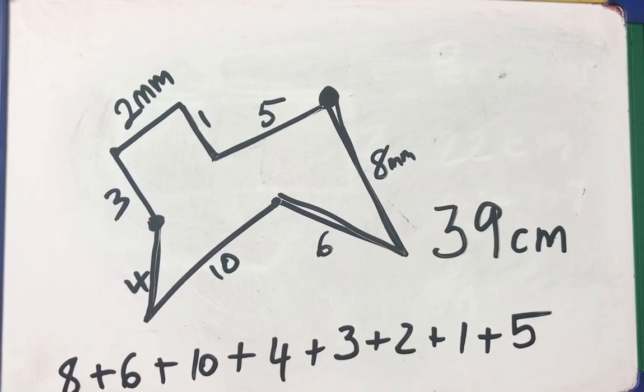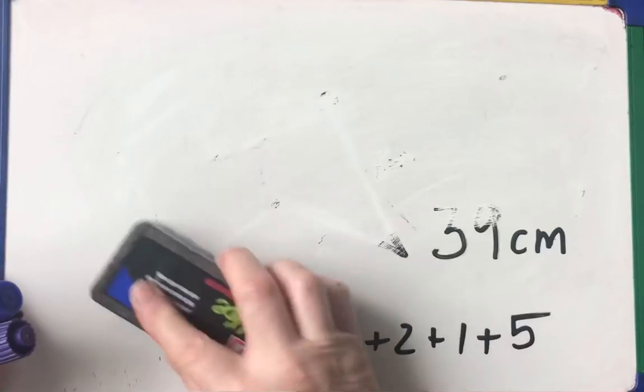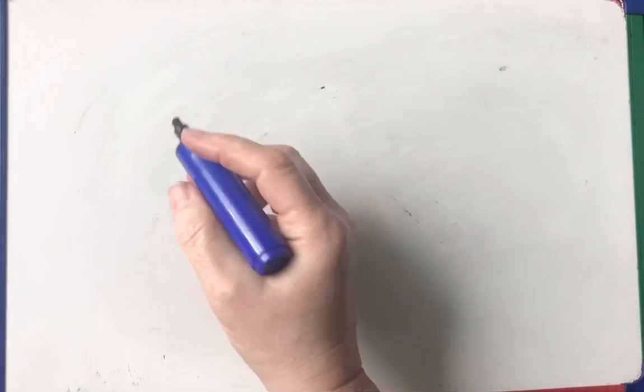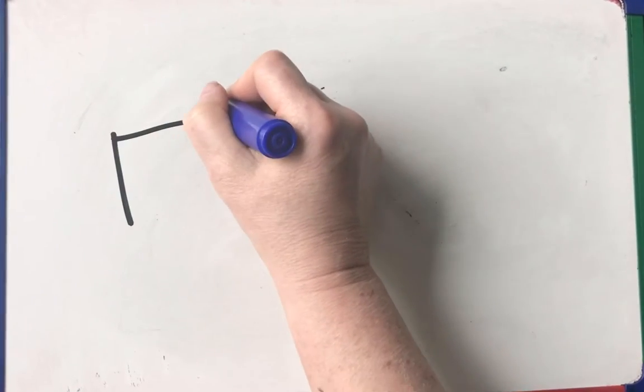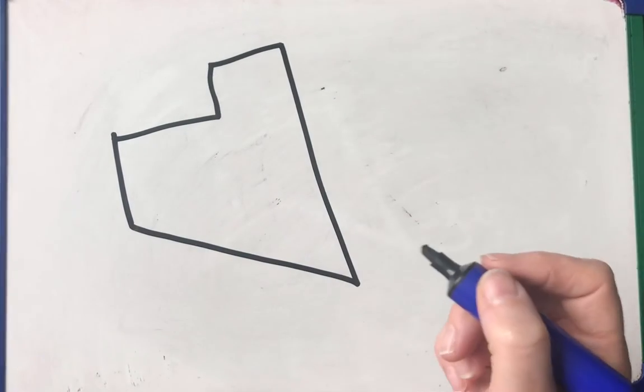Actually, I'm just going to do one more, because it might be, now I'm not doing a compound shape, but it could be that you're given something like this. Lovely squeak there, sorry about that.